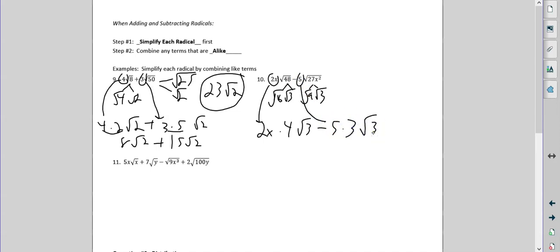Then we just simplify. Oh, but don't forget we have this x squared here that's also got to come out, which is going to be an x, because 2 divided by 2 is 1. So 2x times 4 is 8x, radical 3. 5 times 3 is 15x, radical 3. And 8 minus 15 is negative 7, radical 3s.